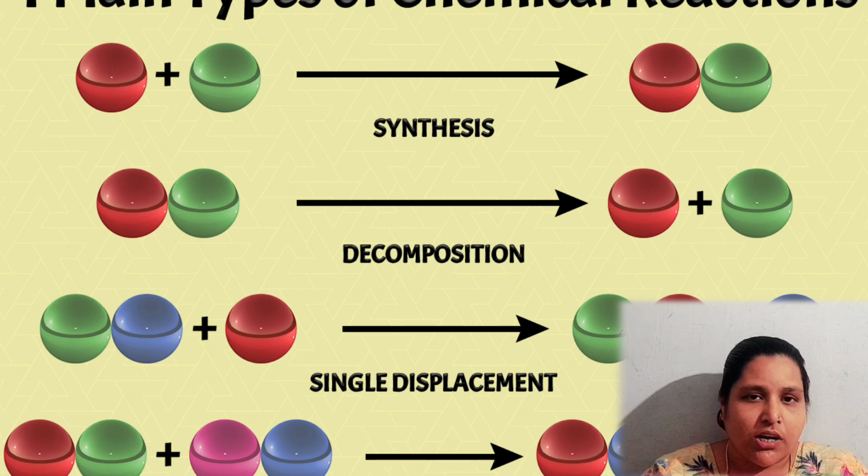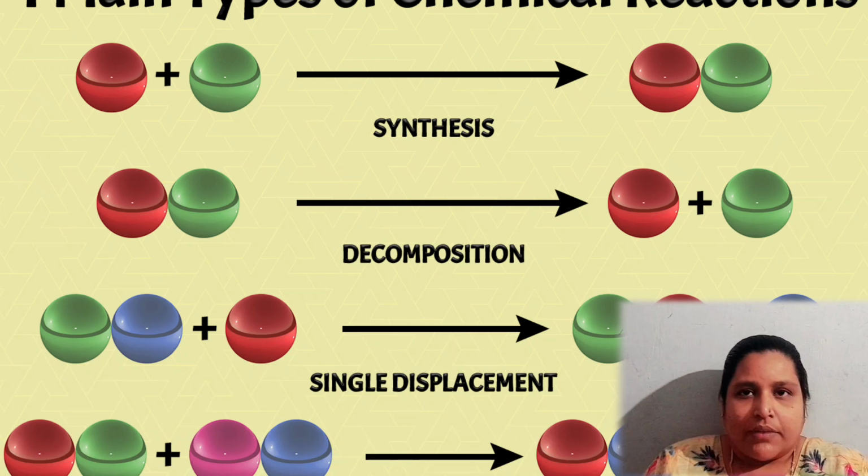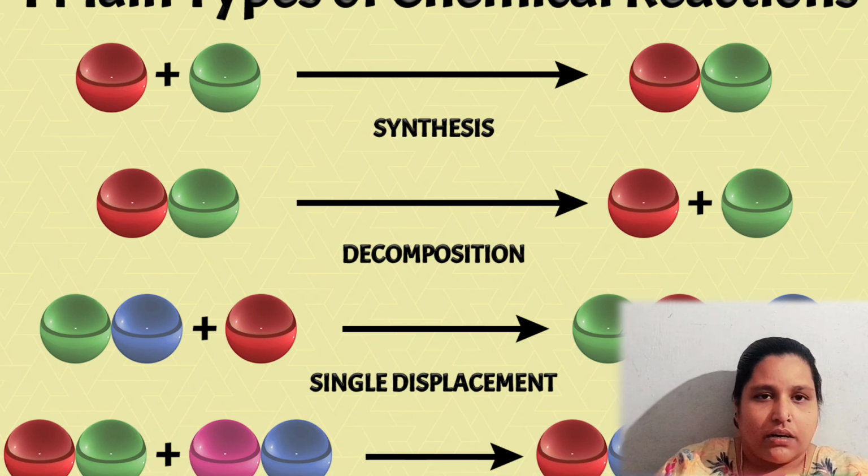Next, the artificial indicators are methyl orange and methyl red. And what is neutralization?